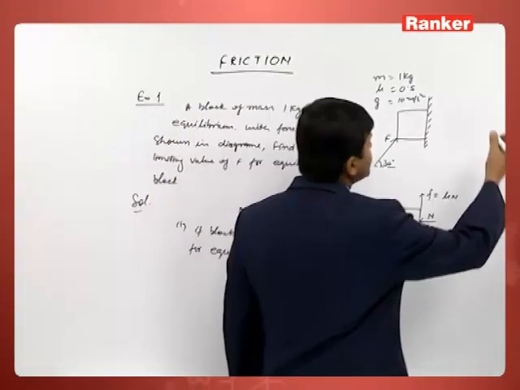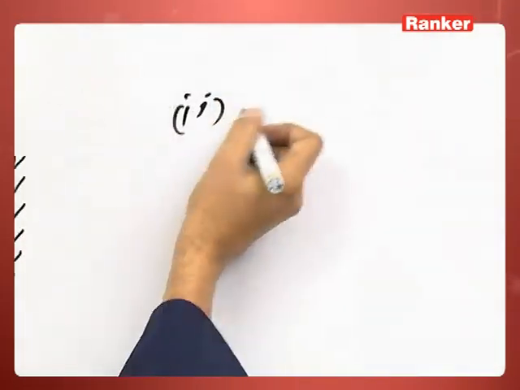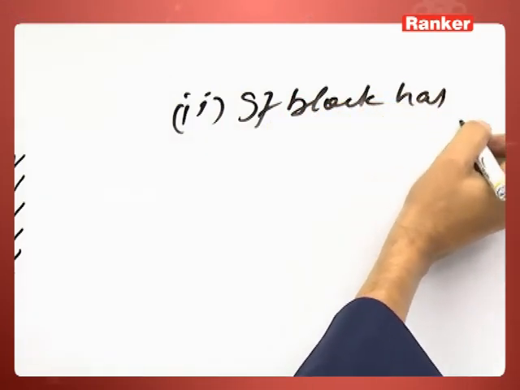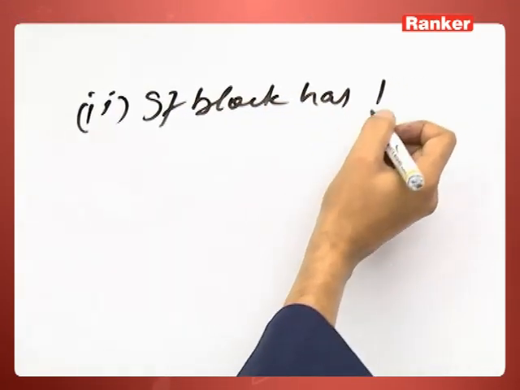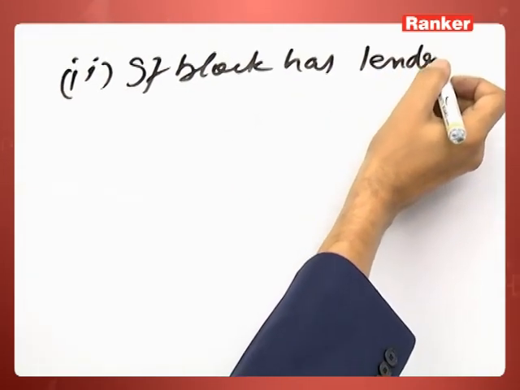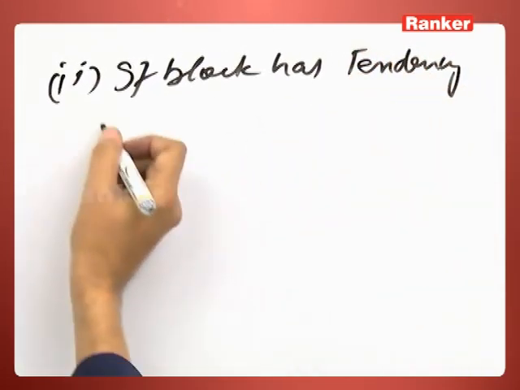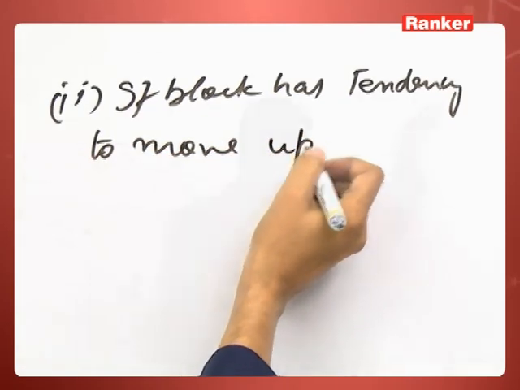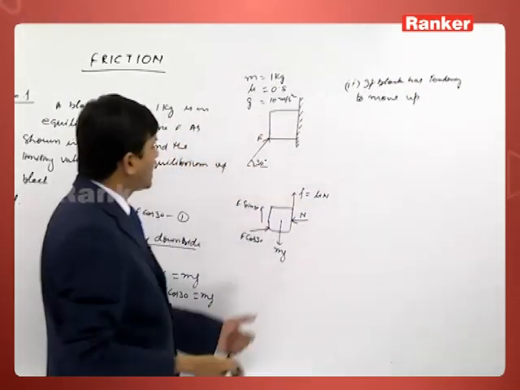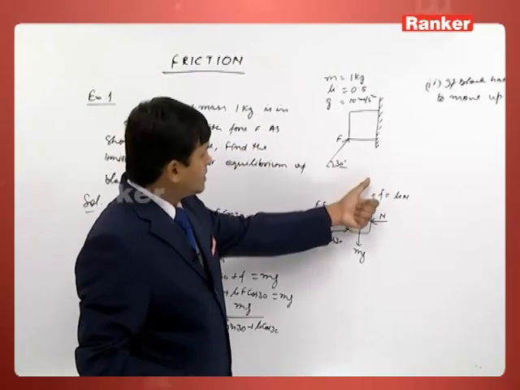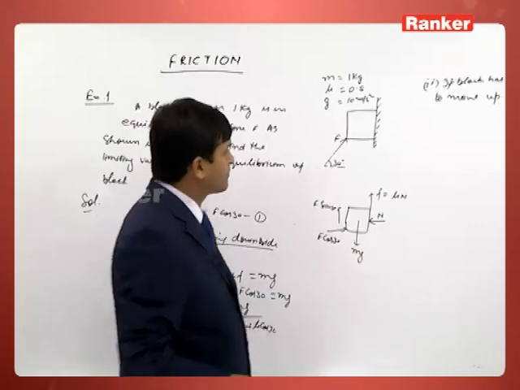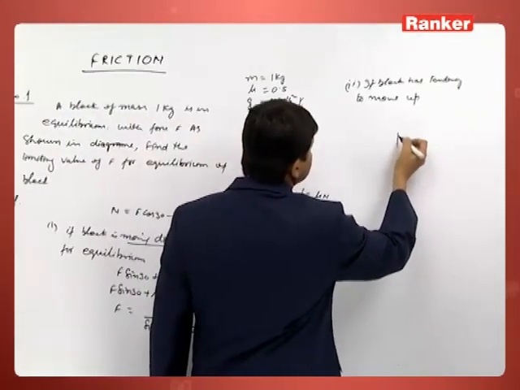In the second case, if the block has a tendency to move up because F sin 30 is more than the mg, then the friction force will act in the downside.